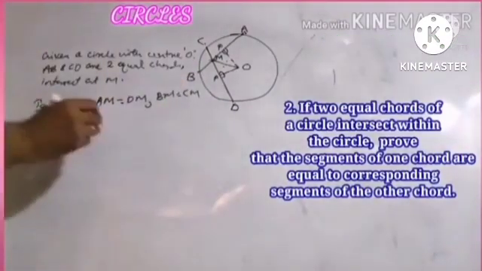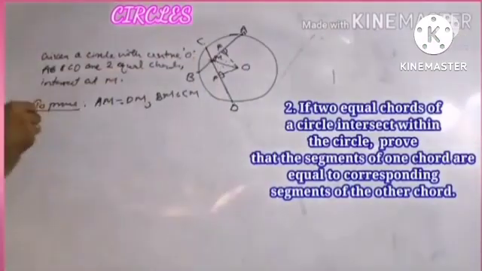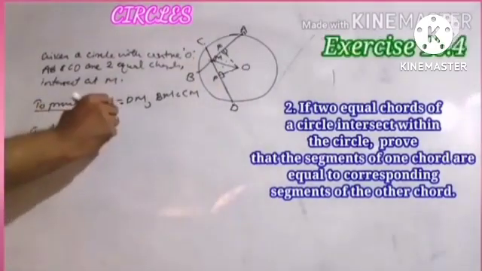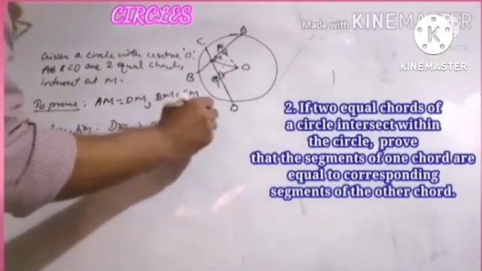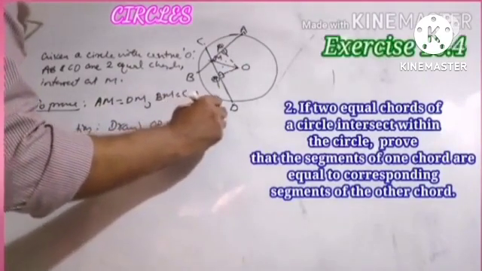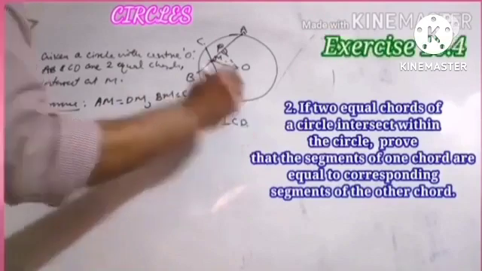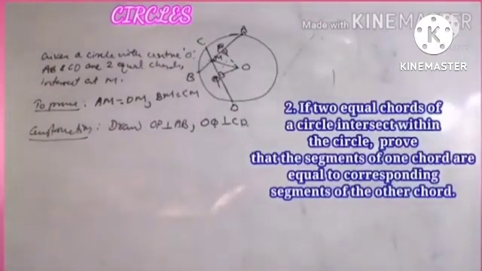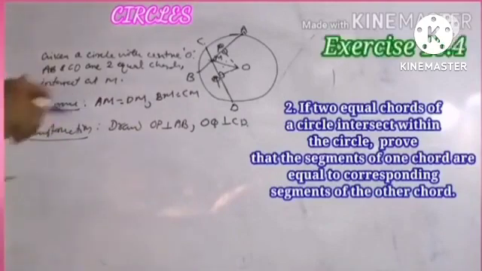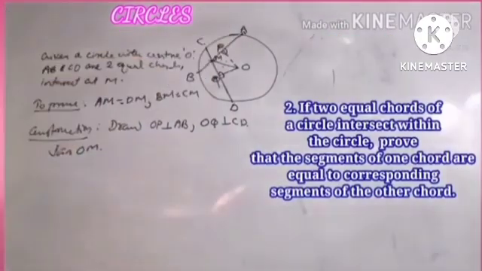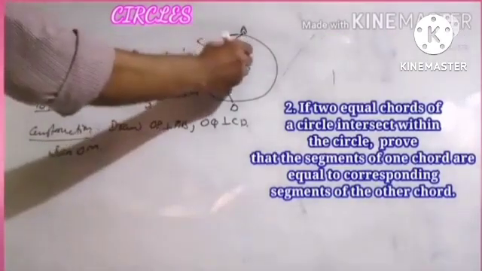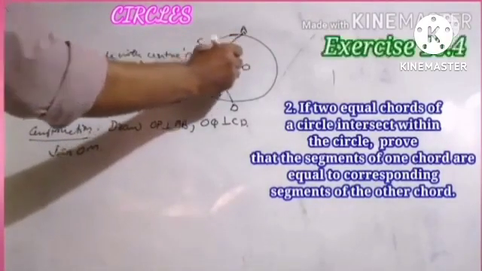Now, answer proof. Construction is written here. Draw OP perpendicular to AB and OQ perpendicular to CD. Now, join OM. Now, two triangles: triangle OPM and triangle OQM.